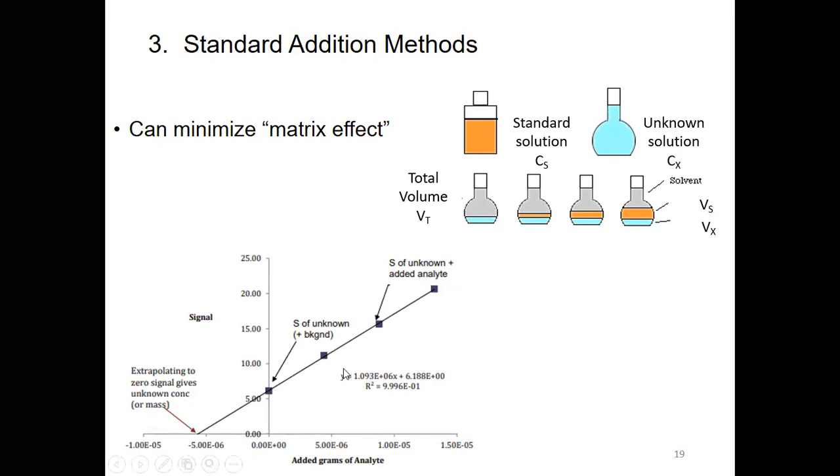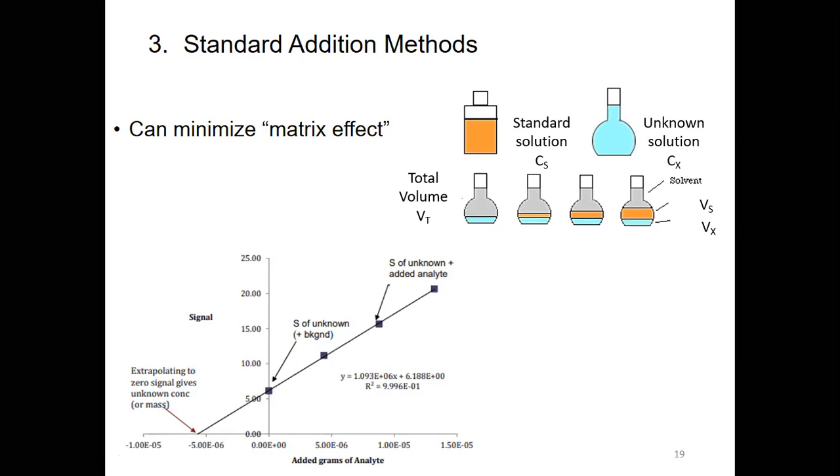Then when you go through the x-axis, here this signal, all other signals are coming from the signal of unknown plus the added analyte or added standard solution, right?